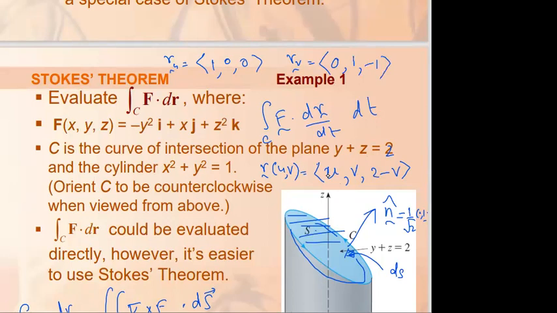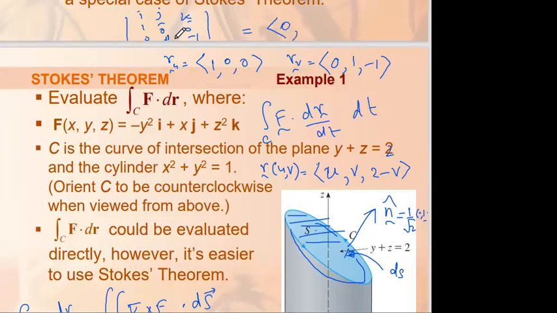Take the cross product of i, j, k with (1, 0, 0) and (0, 1, -1). The i component is 0 times 0, 0.